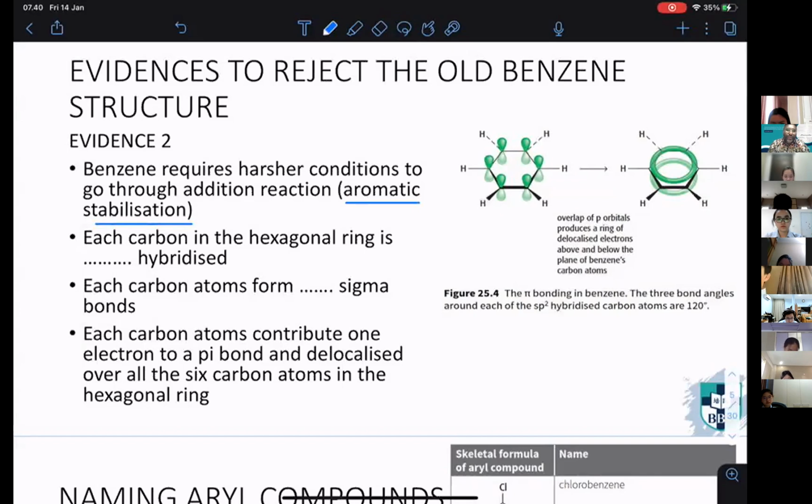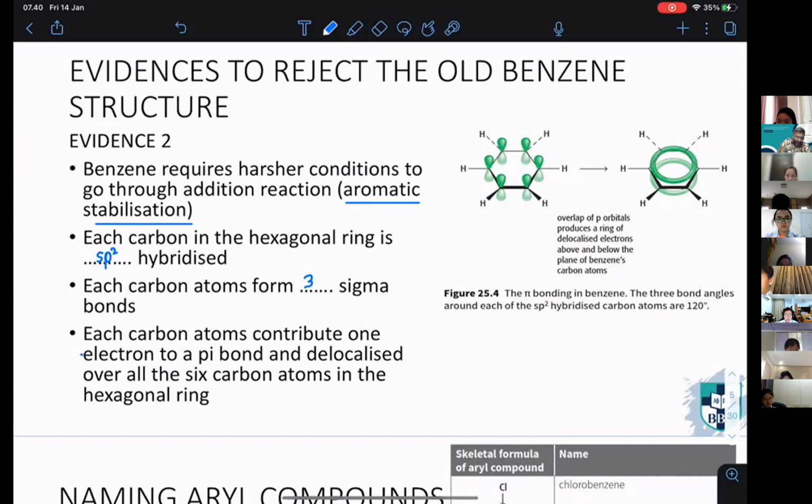We also know that each carbon in the hexagonal ring forms 3 sigma bonds, therefore you need 3 orbitals. So it is going to be sp2 hybridization. We have already gone through this. Each carbon atom forms 3 sigma bonds, and each carbon atom contributes 1 electron.